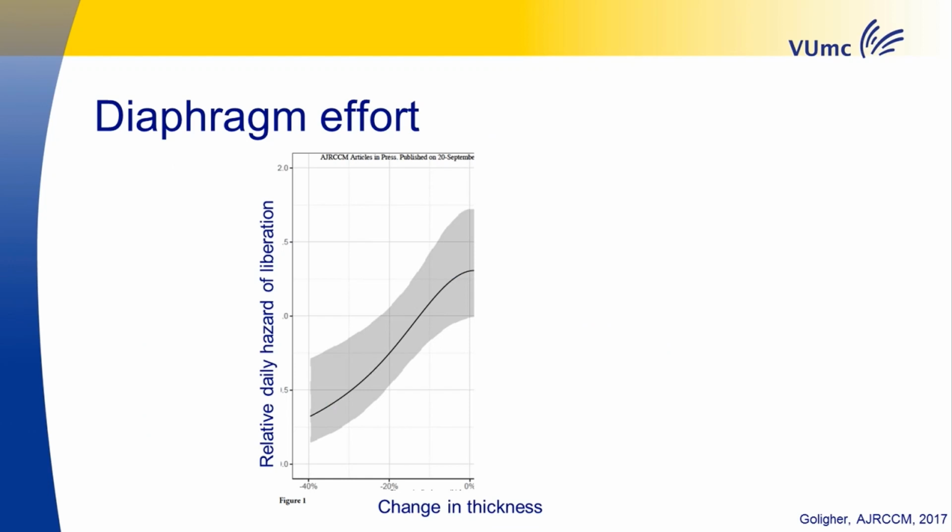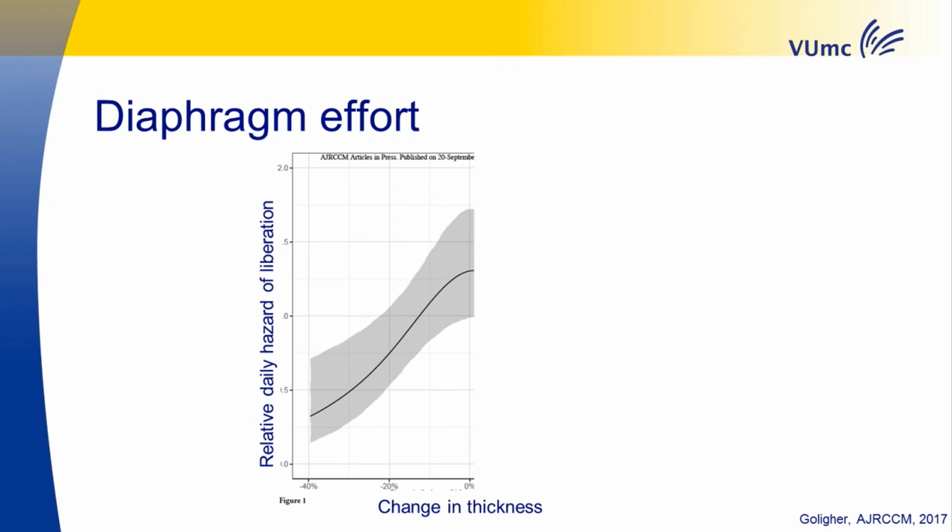And very recently, a couple of weeks ago, he published this paper, and he looked at the change in thickness of the diaphragm and the likelihoods. It's pretty complicated from a statistical point of view, but the message was, if you have a decrease in thickness of the diaphragm, you have a higher risk of being bound to the ventilator or a lower risk of being weaned.